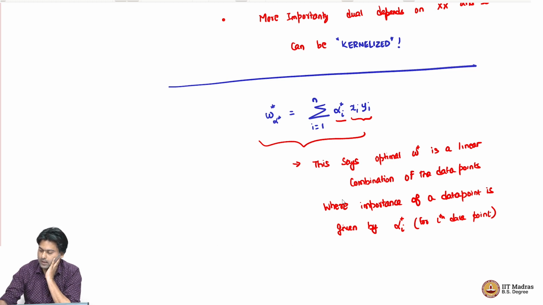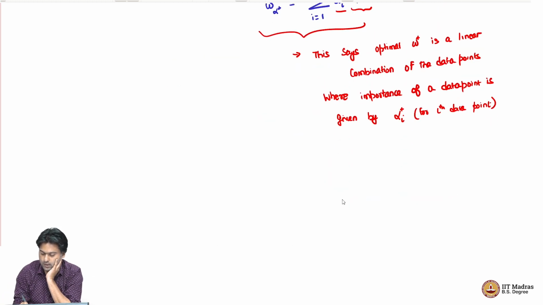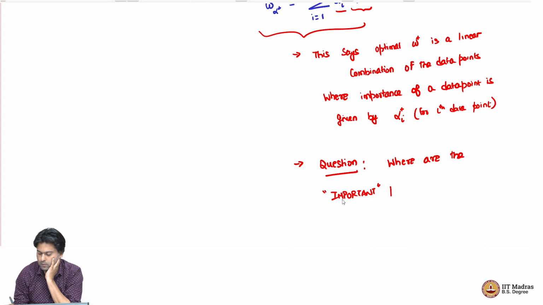So the question is, where are the important points, that is, points for which alpha star_i is greater than 0.